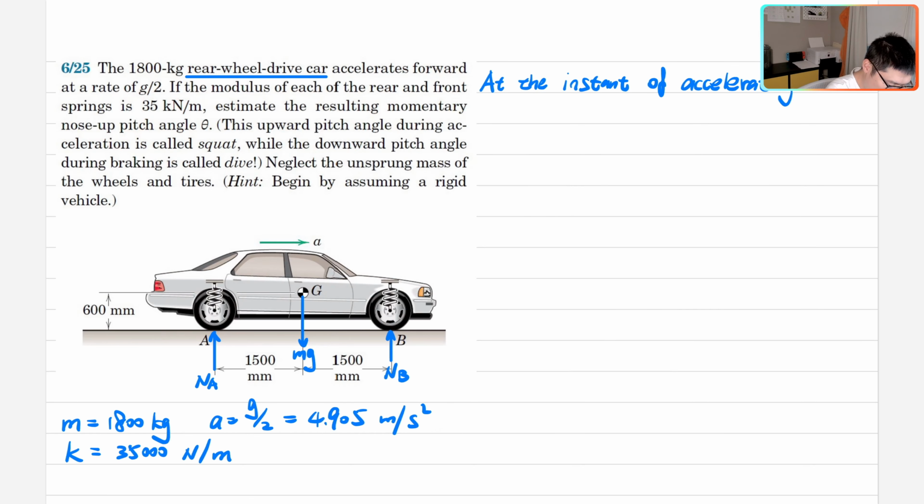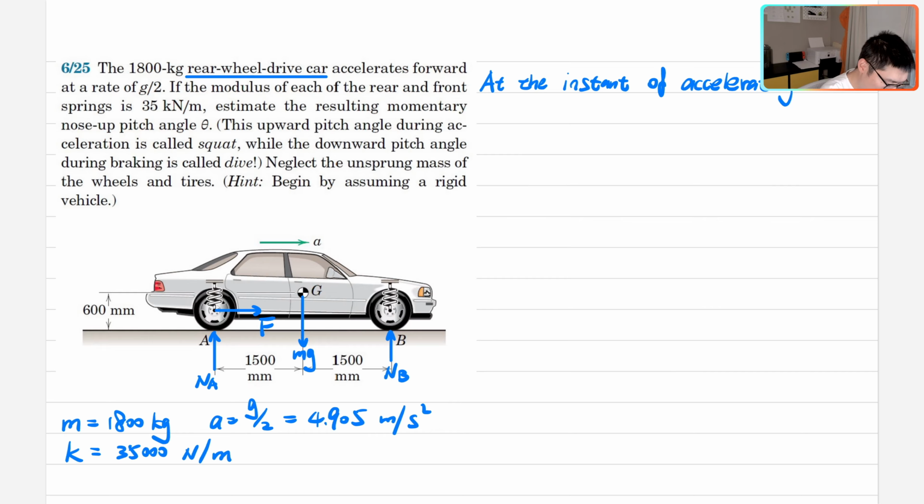Where do we draw this force? We don't want to just draw this in the center, though in this question, if you draw this in the center, it does not really make a huge difference. But in this case, we want to draw the force right here. This is the force given by the rear wheel.